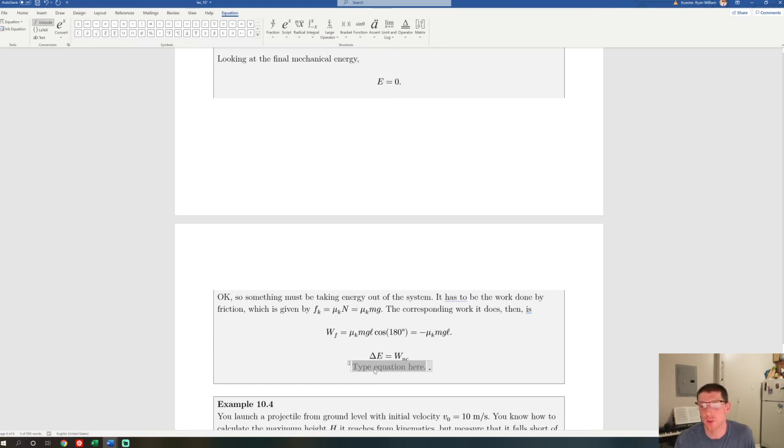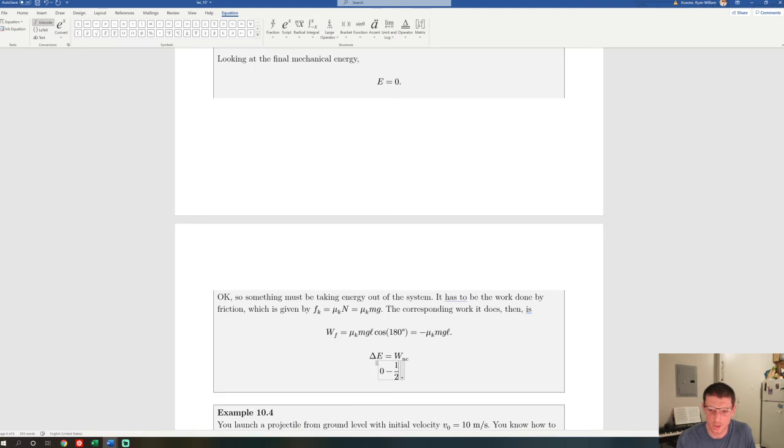So I'm going to fill this in, and remember delta E is just E final minus E initial. And so this is 0 minus 1/2 m v naught squared. And on the right-hand side here, we just determined that the work done by the non-conservative force, there's only one in this case, is negative mu k mgl, right?